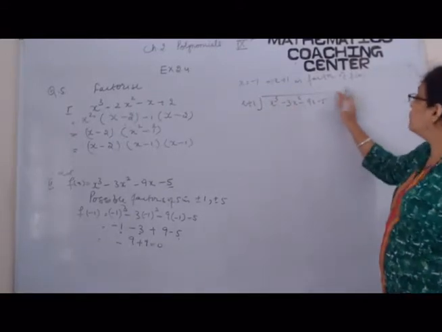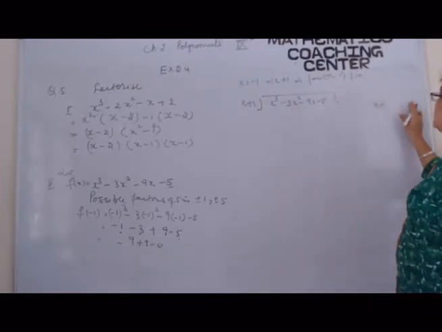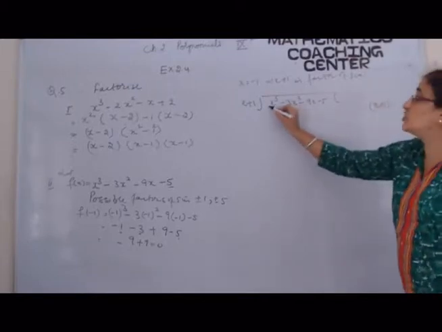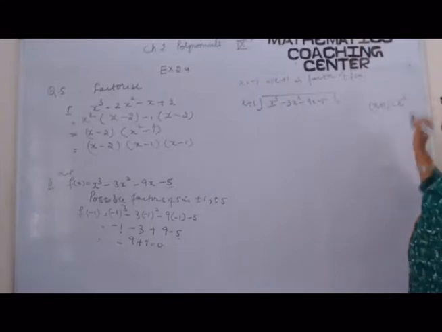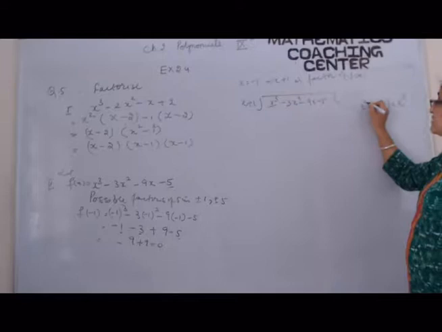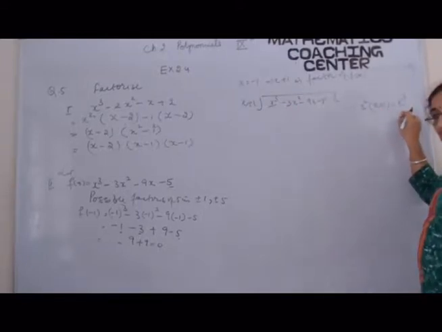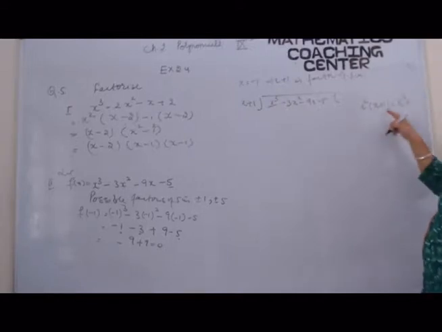Now first of all we have x plus 1, that is the divisor. By what do we multiply so that we get x cube? We need the result x cube, so multiply x by x square. Then x square multiplying by x becomes x cube, plus x square multiplying by 1 is x square.